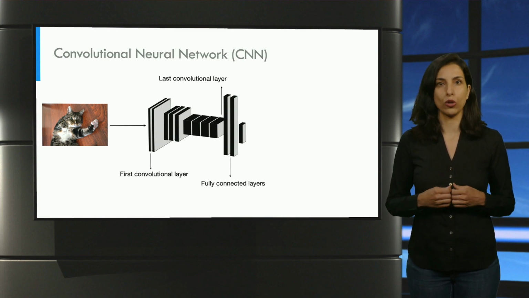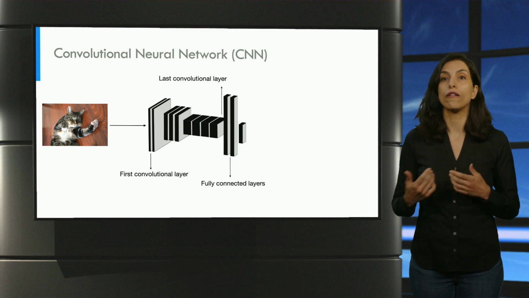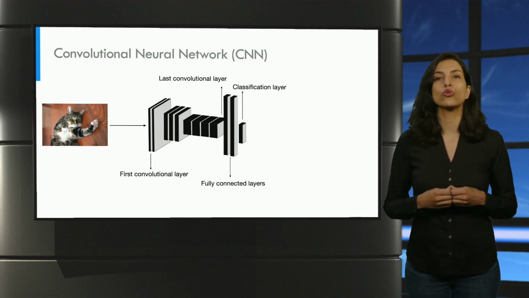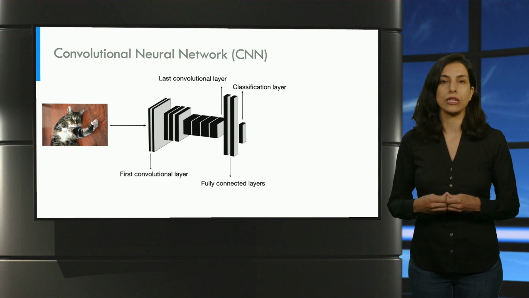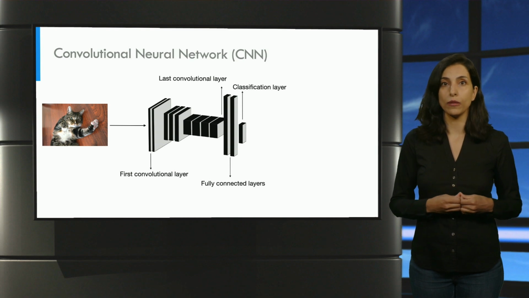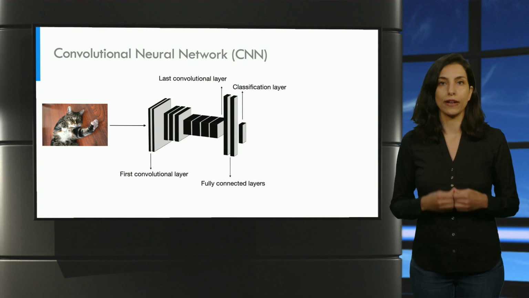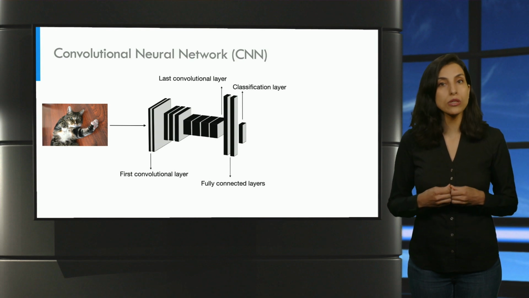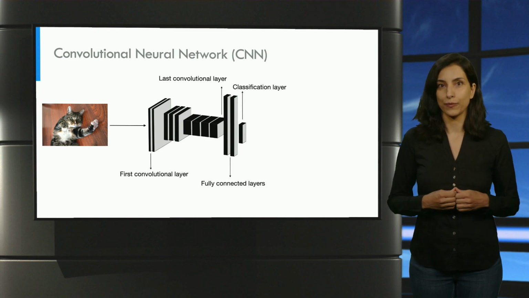At the end of the CNN model, for classification, commonly a few fully connected layers are used to transform the 2D feature maps into vector features to be used in the classification layer.